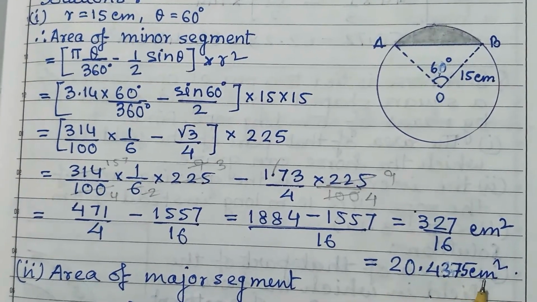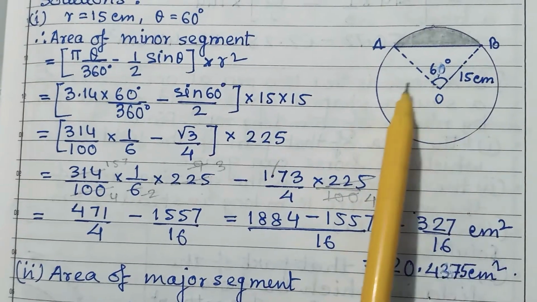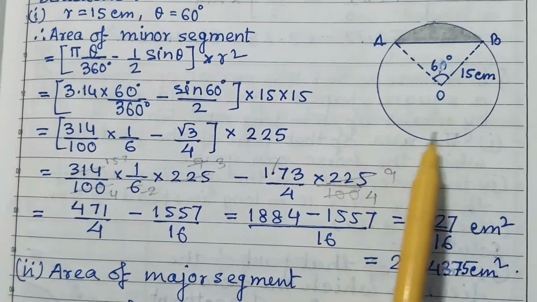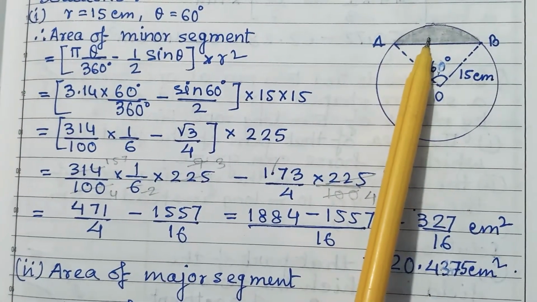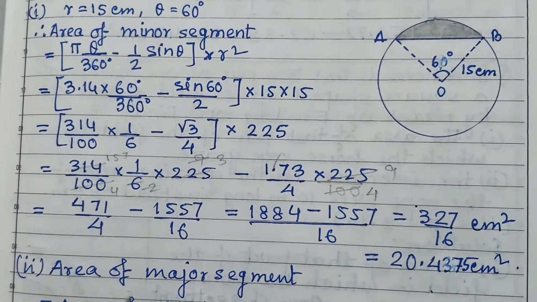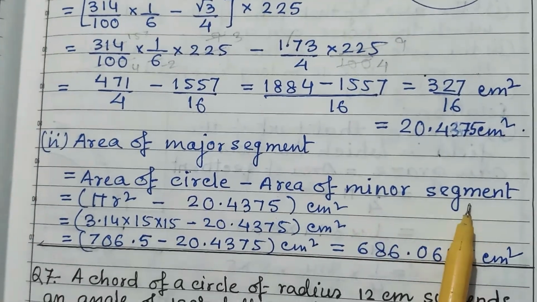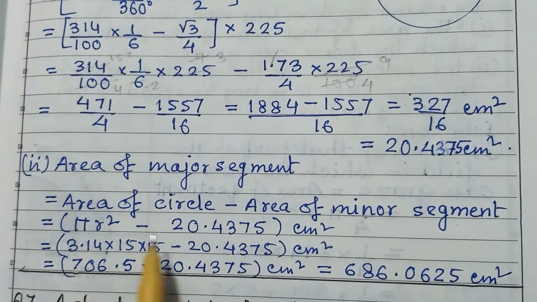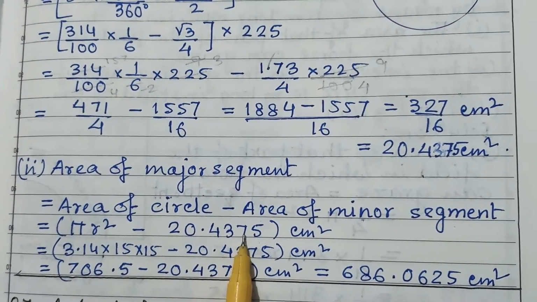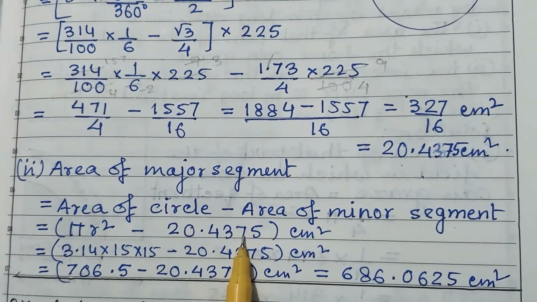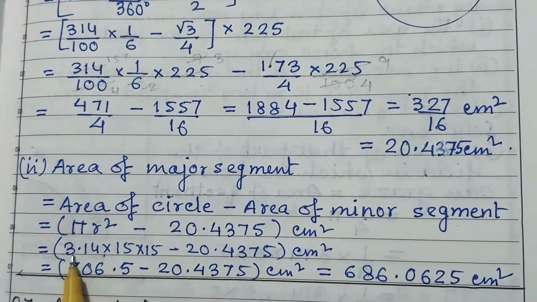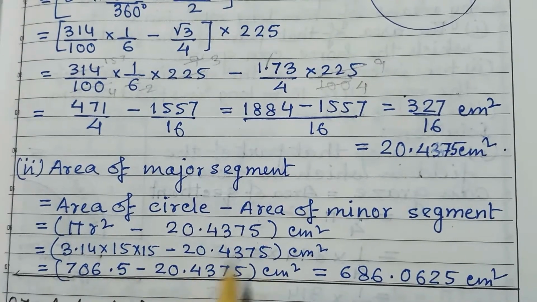Now the major segment is the total circle minus this minor one. So the area of the major segment is the area of the circle minus the area of the minor segment.